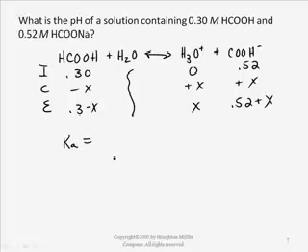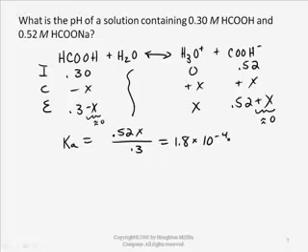is going to equal, and we're going to make the assumption again that this is approximately 0 and that is approximately 0, so we would get 0.52x over 0.3 is our Ka, and for formic acid, I'll look it up in the book here. Formic acid, it is 1.8 times 10 to the minus 4.